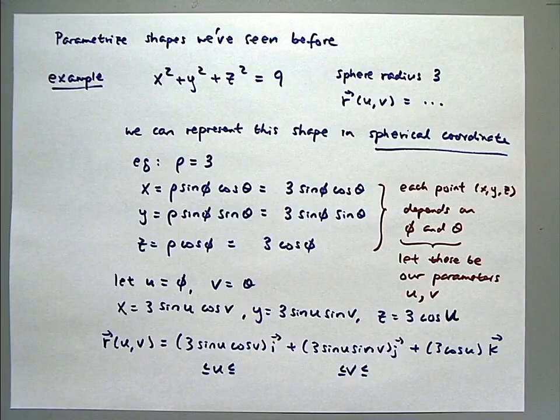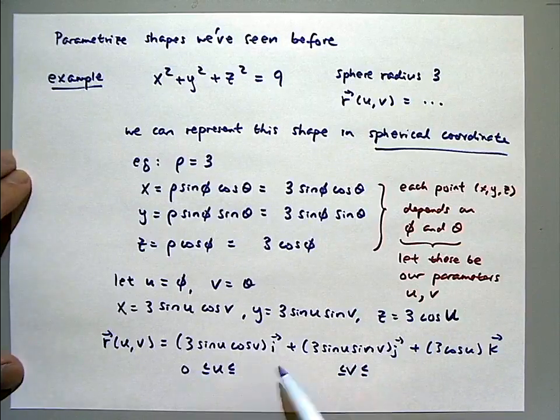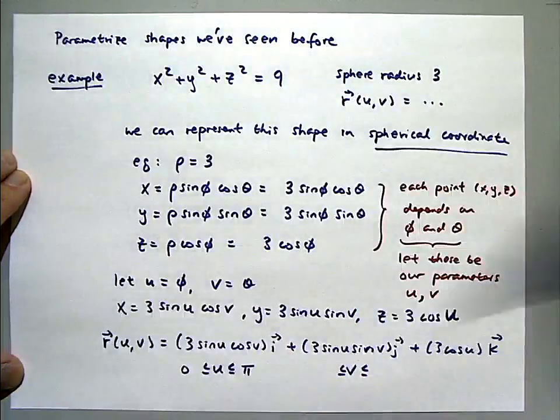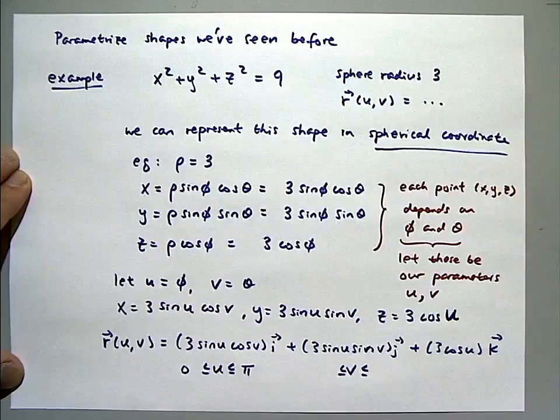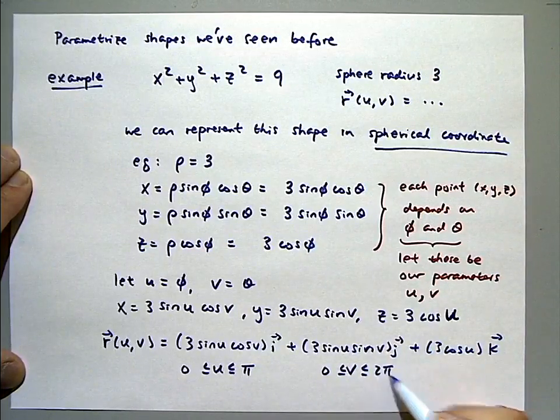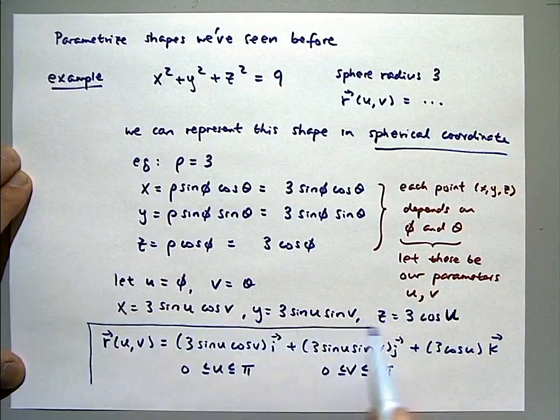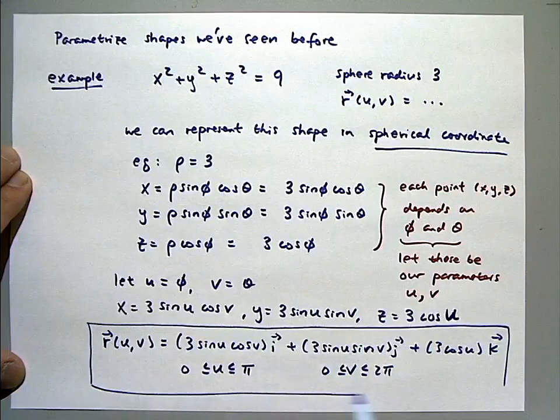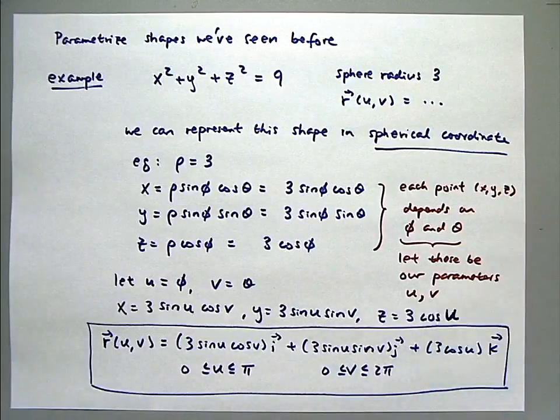Remember? 0 to pi, right? And v is theta. Theta is the in-plane on the xy plane, east-west kind of thing. And the bounds for that are 0 to 2 pi. Good. So there we go. This is the parametric representation of a sphere, right?